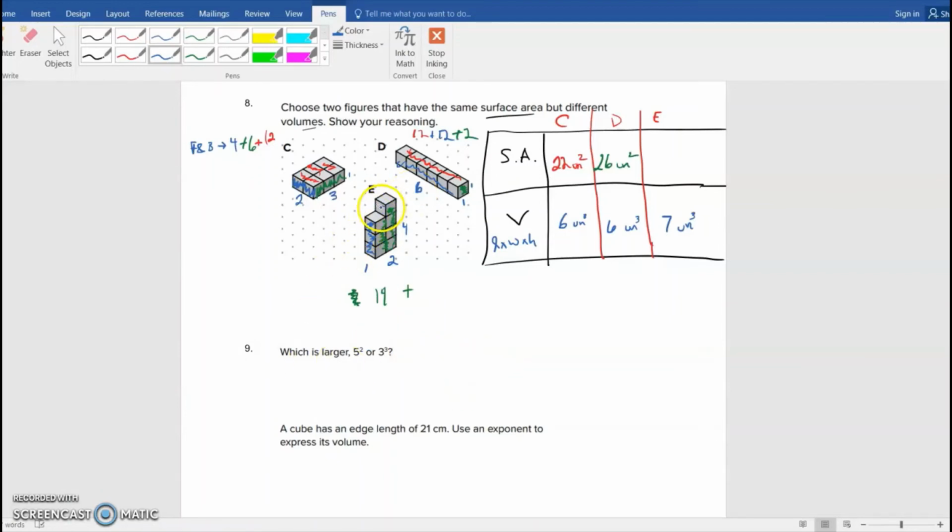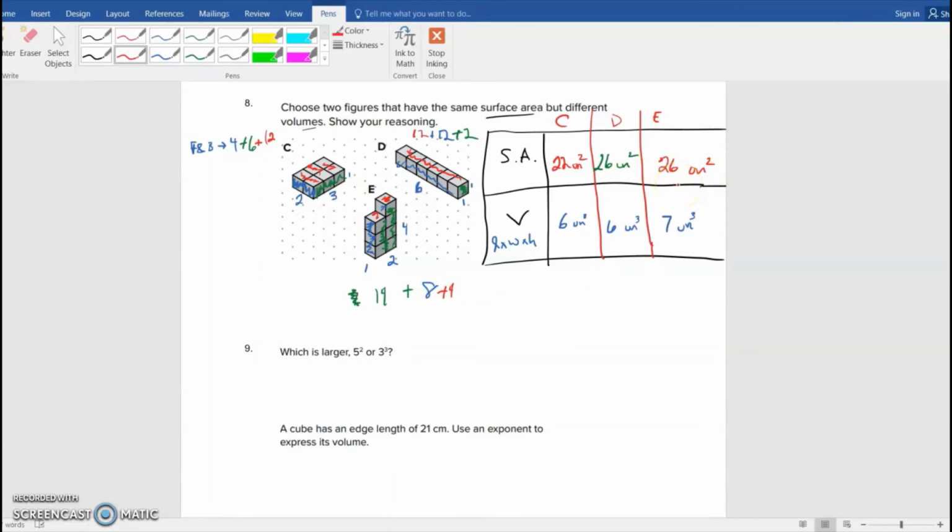So 4 plus another 4 on the back would be 8. And then I just have top and bottom. So this top is 1, and this bottom is 1. So 2 plus the bottom 2 is 4. So I have 14 plus 8 would be 22, and then 22 plus 4 would be 26 square units.